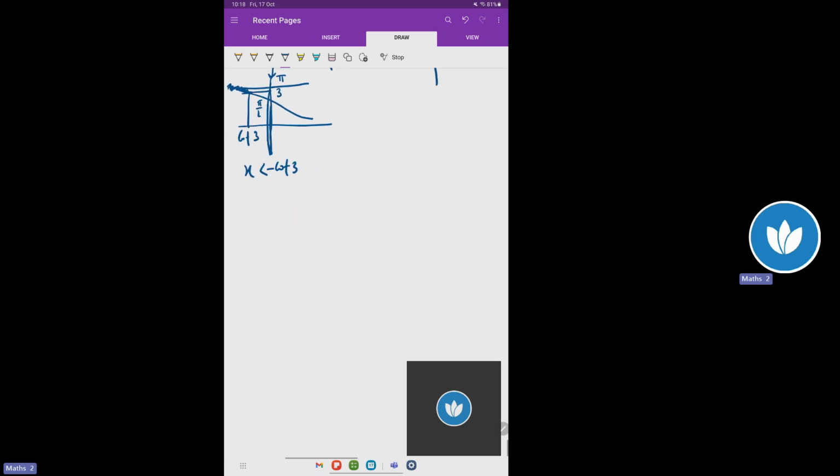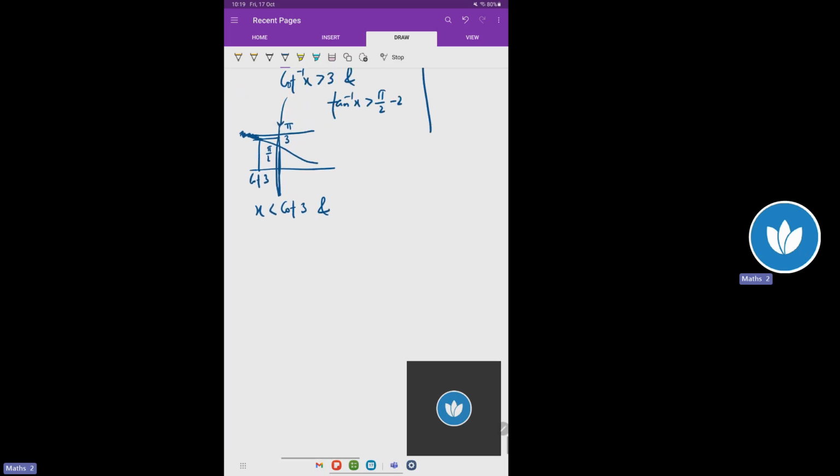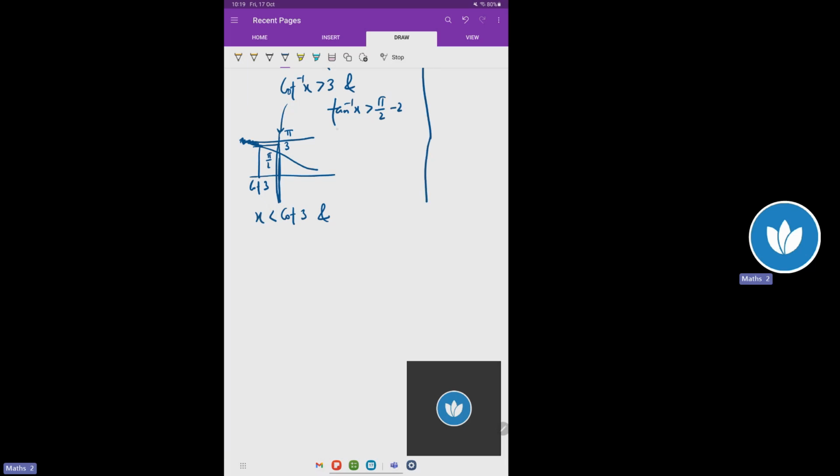Okay, not minus cot 3, cot 3. x should be less than cot 3.